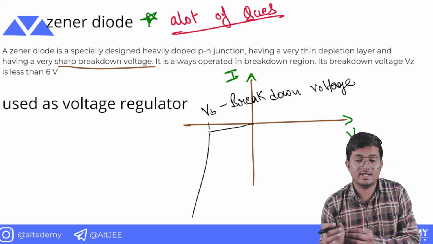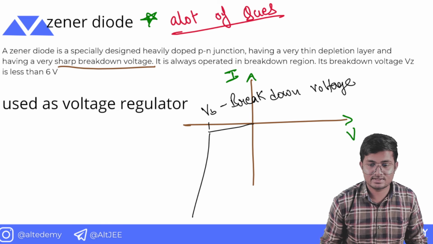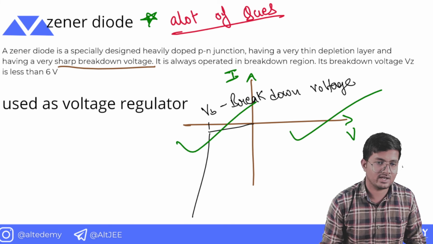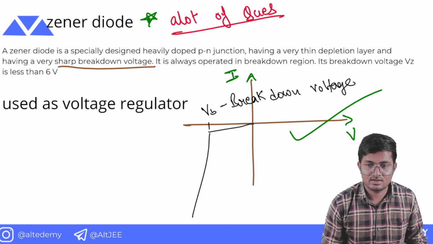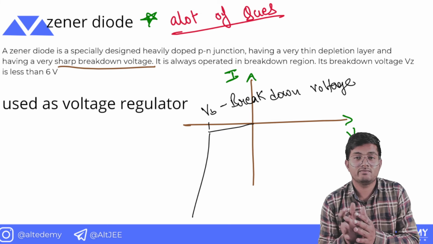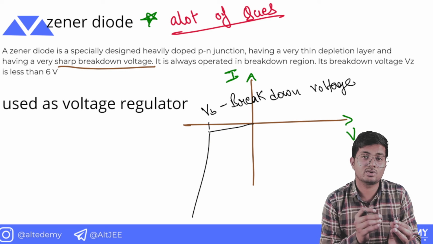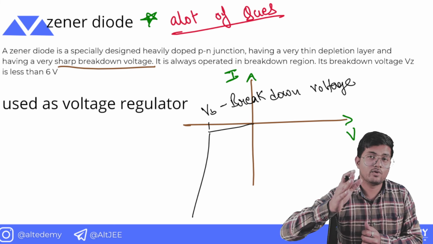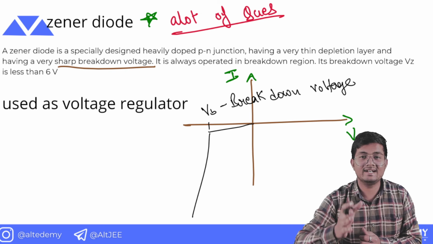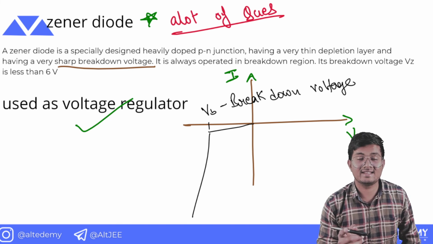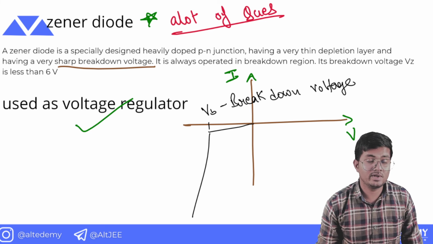This is the positive side of V, this is the negative side of V. I hope you can see this. So Zener diode is operated in reverse bias, and at a particular voltage, known as the breakdown voltage, the voltage does not increase further but the current increases. That's why it is used as a voltage regulator, and in the next class we will be doing a lot of questions which are asked on Zener diode.